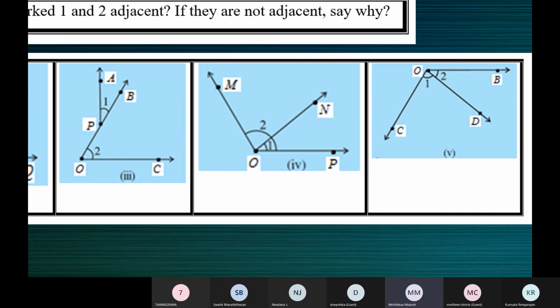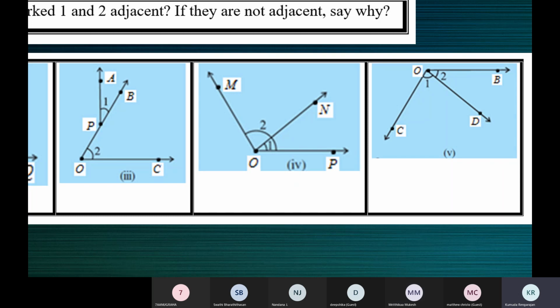O, ma'am. O is the common vertex. How do you name angle 1, Mritika? COD, ma'am, or DOC. Okay. And how do you name angle 2? BOD, ma'am, or DOB. Very good.